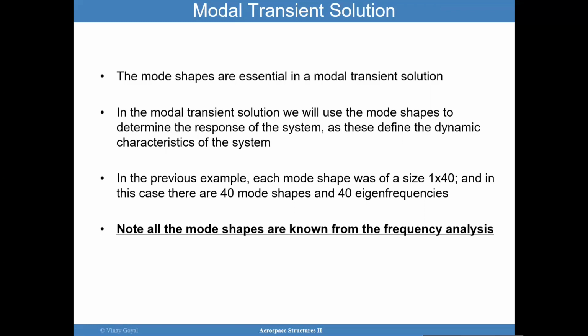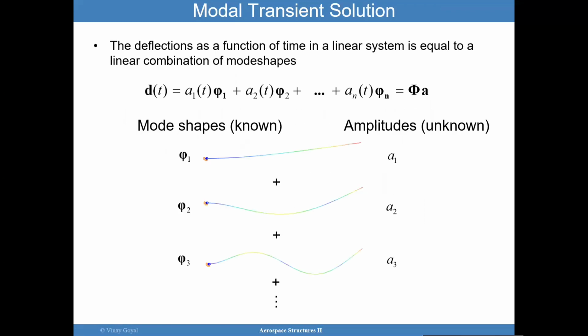And in that particular case, there's 40 mode shapes and 40 eigenfrequencies. But it is important to note that if I were to look at the deflections, and I were to think of these deflections as a function of time.